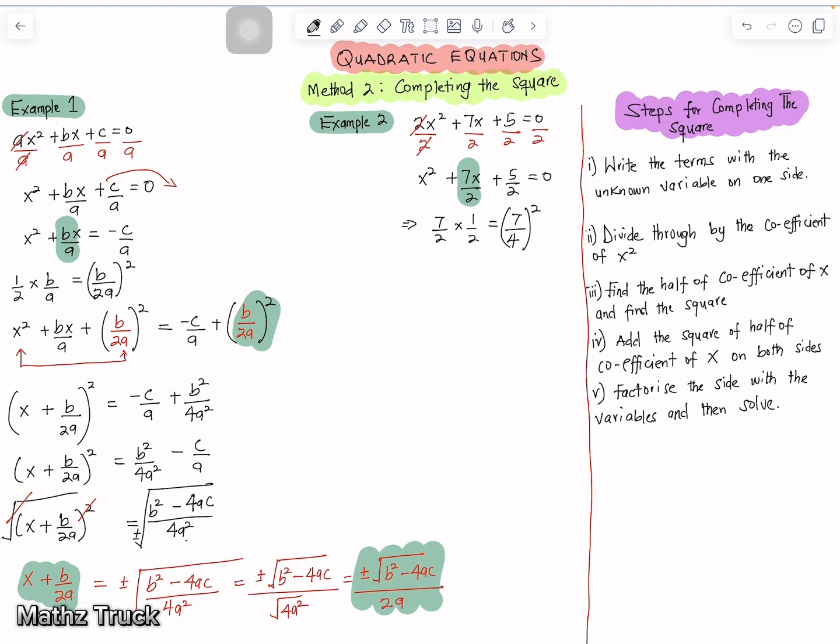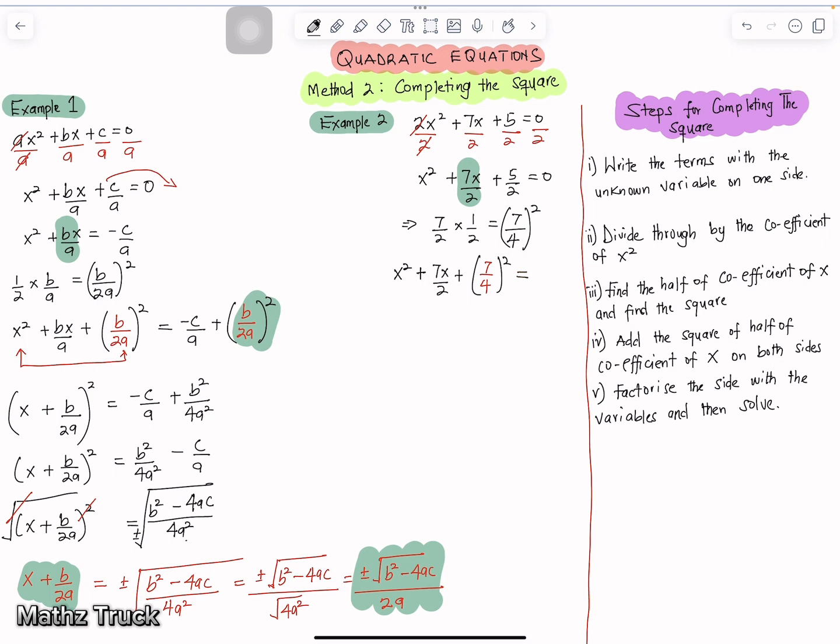Now we're going to add this expression on both sides of the equation. Now we're going to write x squared plus 7x over 2 plus, we have our expression here, which is 7 over 4 squared equals.